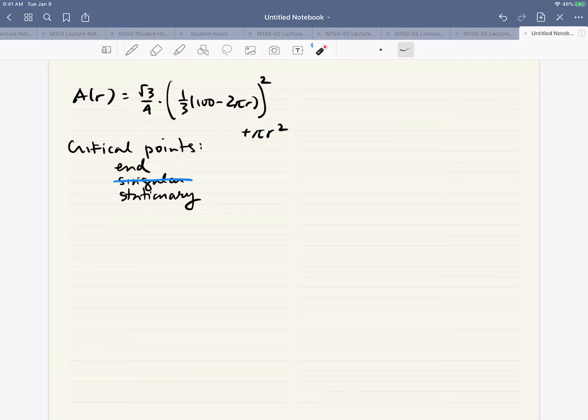But when you think about the problem and the fact that we're taking a piece of wire and cutting it to give us our 2 perimeters, that tells you about R. What's the smallest R can be and what's the biggest R can be?